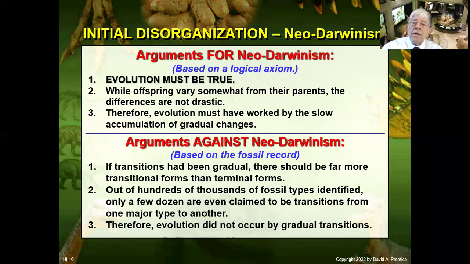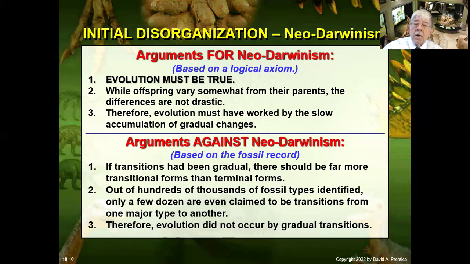Number one, we take as a postulate evolution must be true. So while offspring vary somewhat from their parents, the differences are not that drastic. Therefore, evolution must have worked by the slow accumulation of gradual changes over billions of years. What are the arguments against that? Number one, if the transitions had been gradual, there should be far more transitional types than terminal types.